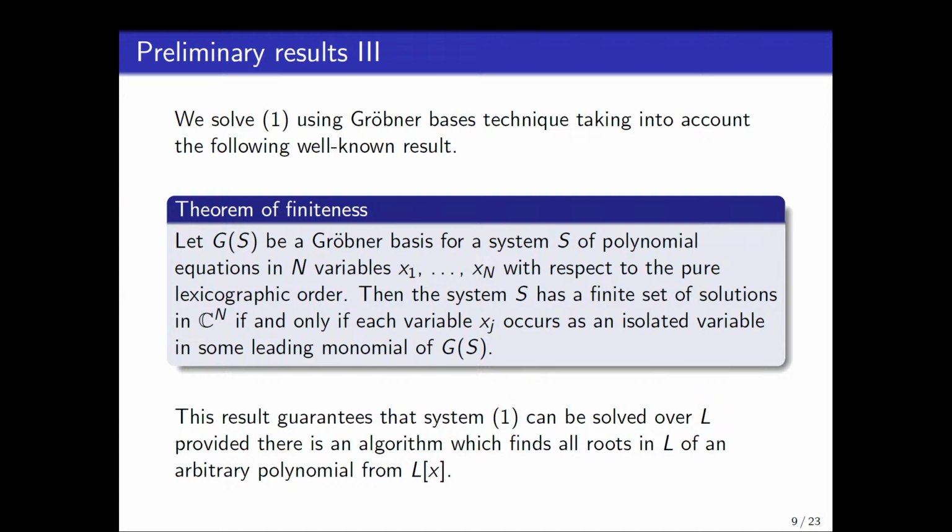The proof is based on the finiteness theorem, which says that if G is a Grobner basis for a system S, then under some assumptions, S has a finite set of solutions in Cn. And this result guarantees that the system 1 can be solved over the given field.